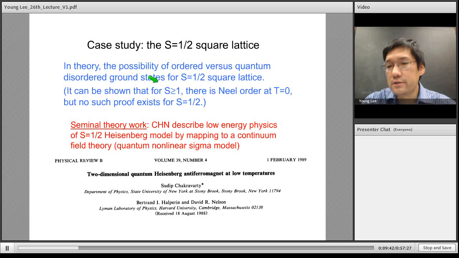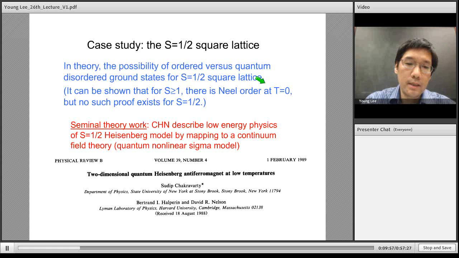And I should remind you, this does not violate the Mermin-Wagner theorem, which says there cannot be a finite temperature phase transition for a continuous symmetry order parameter. This is going to be ordering in the T equals 0 limit, so not at finite temperature.